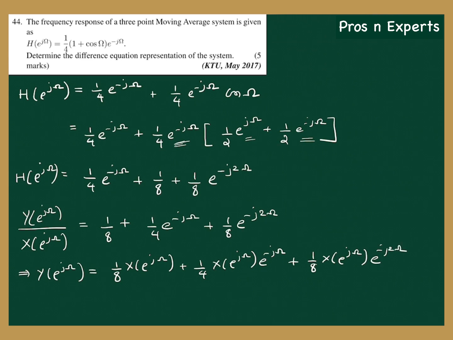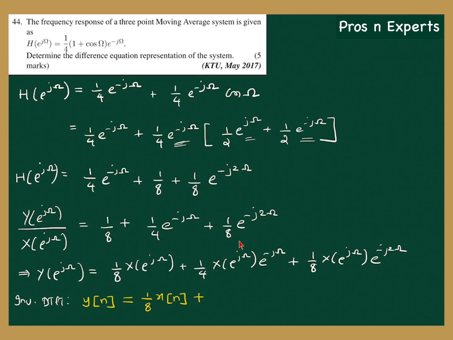Now you need to find the inverse Fourier transform. Okay, inverse DTFT on both sides. You will get the inverse of y of e raised to j omega is equal to y of n. So y of n is equal to inverse of 1 by 8 x of e raised to j omega, which is nothing but 1 by 8 x of n, plus the inverse of the next term. What is the inverse of e raised to minus j omega into x of e raised to j omega?